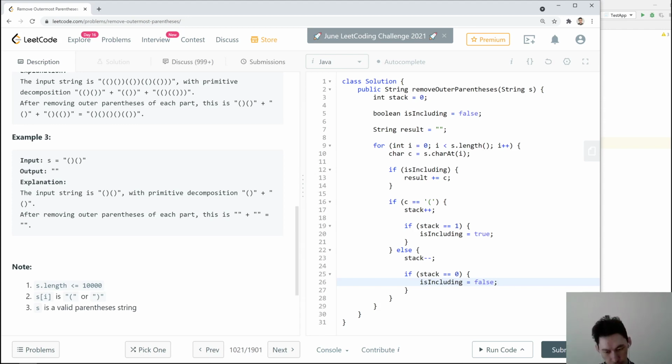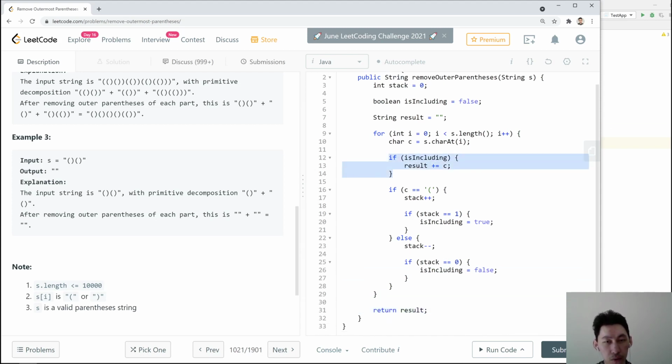And is that it? Well, we need to return the result. This will fail for one edge case. Well, not edge case, for the normal case that I'm thinking, because we're also going to include that one.